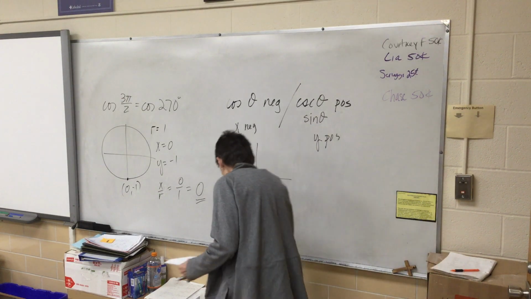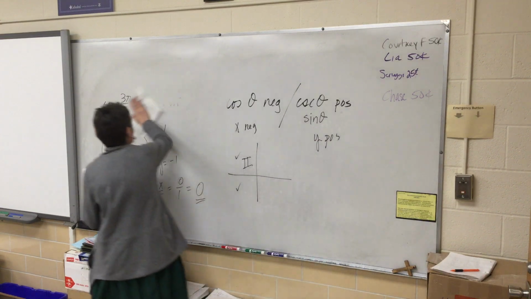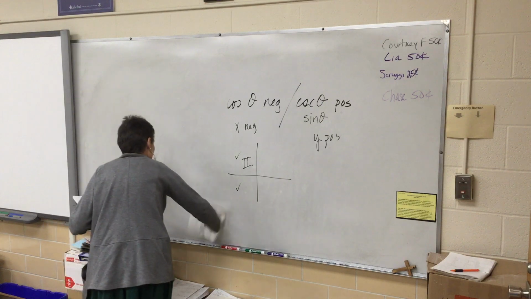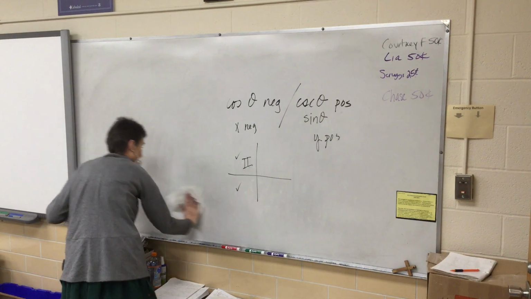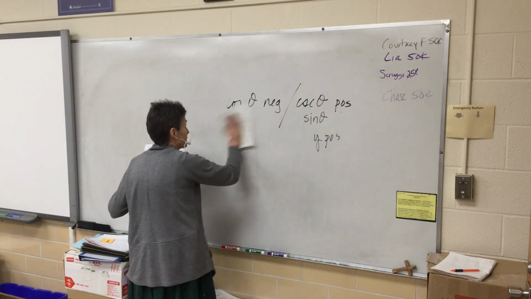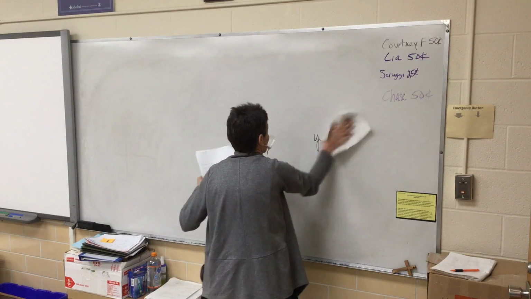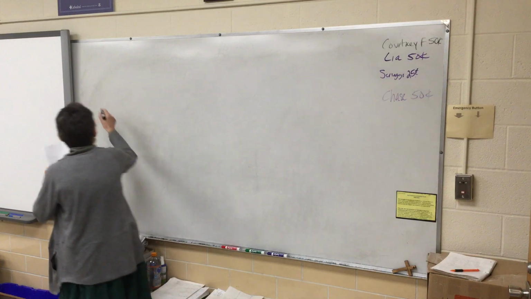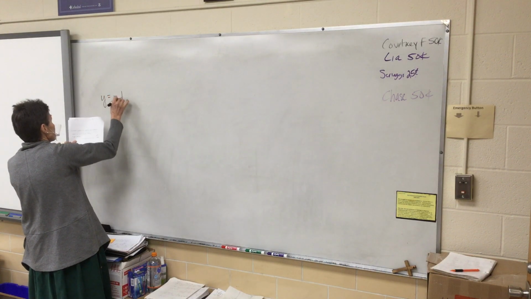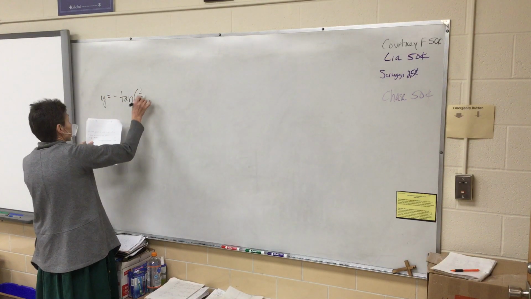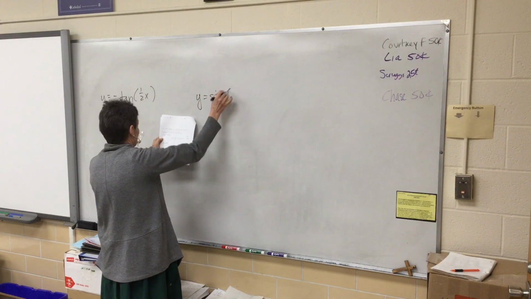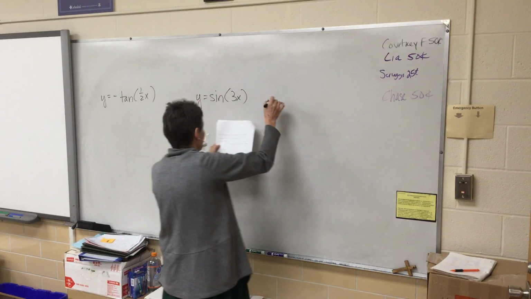All right, now we're sketching. And you've got one of each. So we're sketching a tangent and a sine and a cosine.